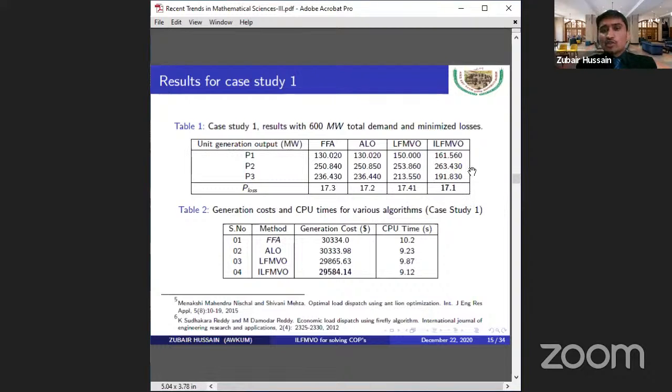It shows that our technique provides solutions of high quality with minimum losses, that is 17.1. And table 2 presents the generation cost and computational complexity for various algorithms, which shows that our proposed technique provides solutions with minimum generation cost and in minimum time.